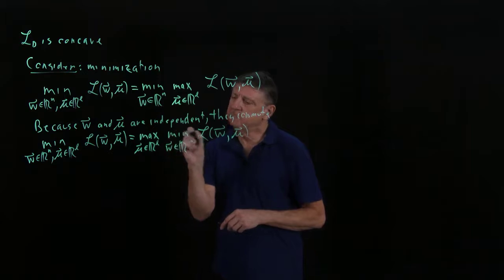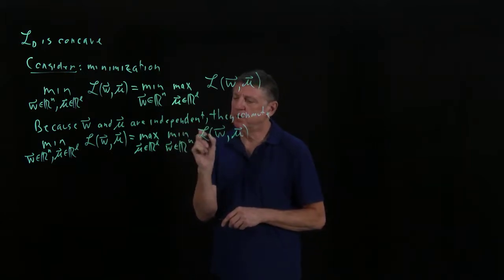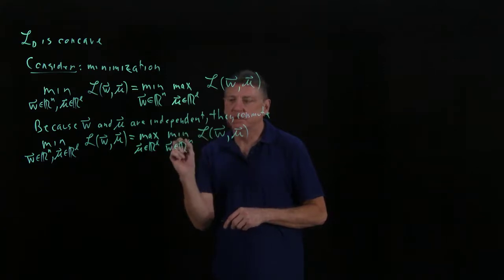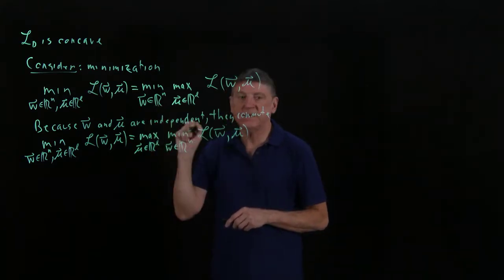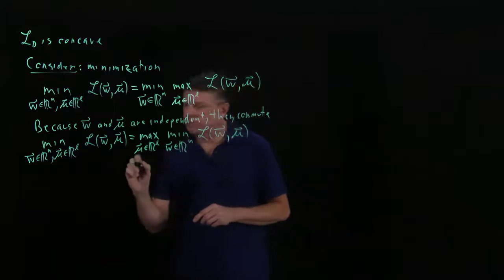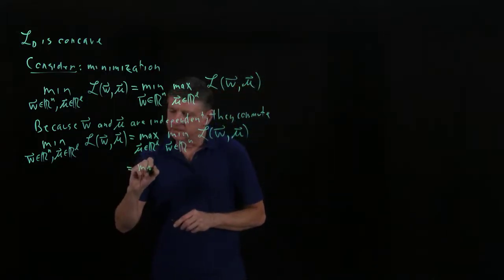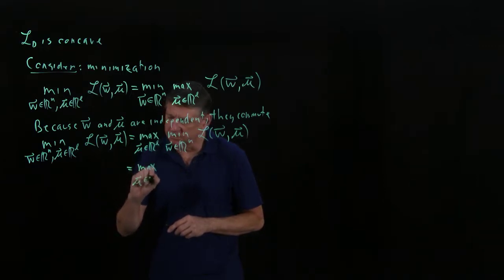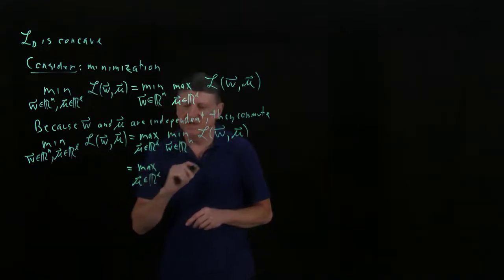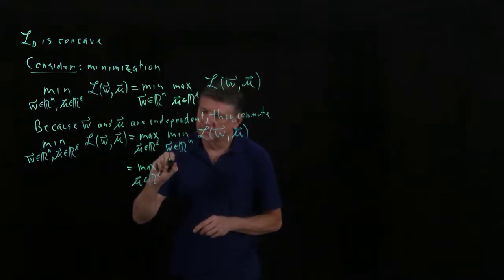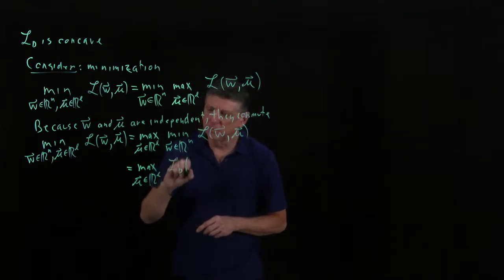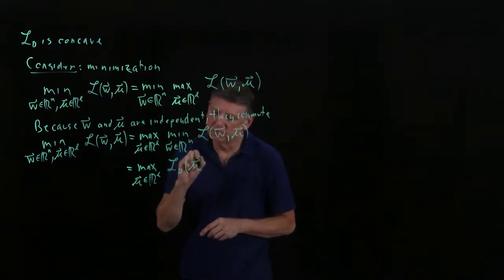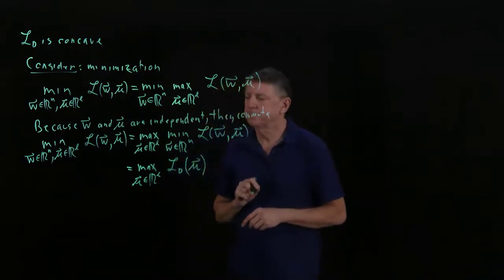Well, we have a symbol for this part, right? This minimization was how we defined the dual. So that is the maximum over the Lagrange multipliers of the dual problem, and now we've eliminated that w, and this is only referring to the mu.